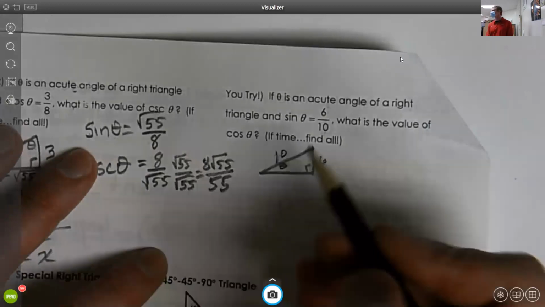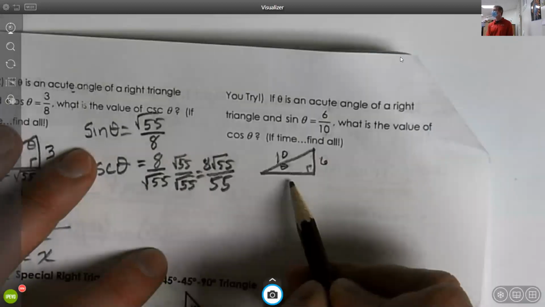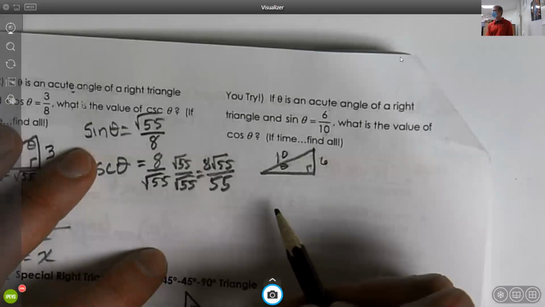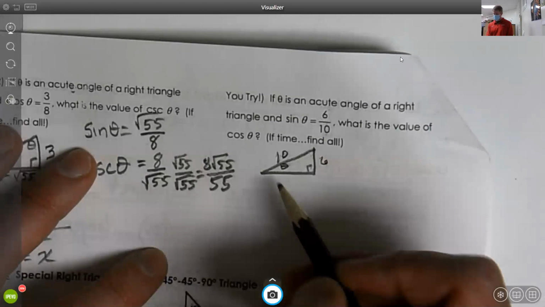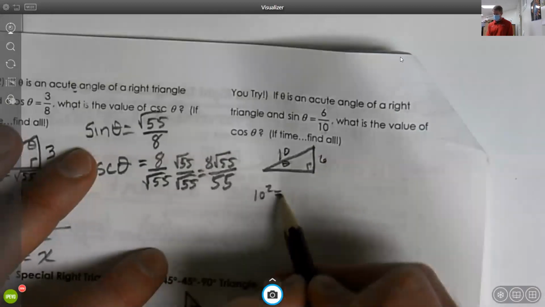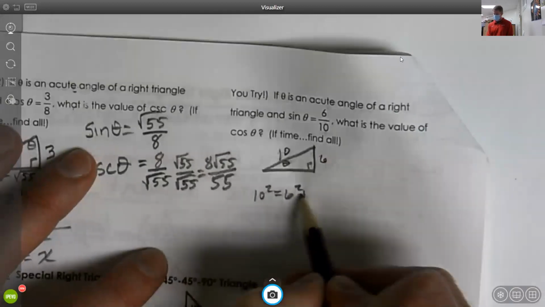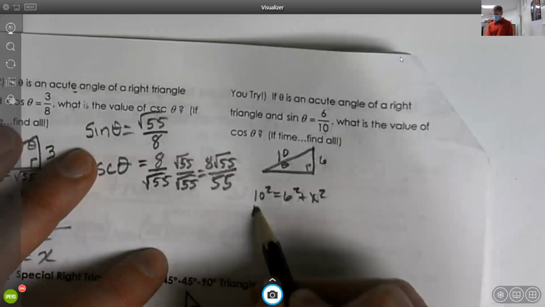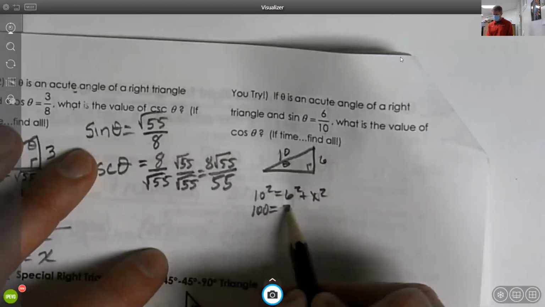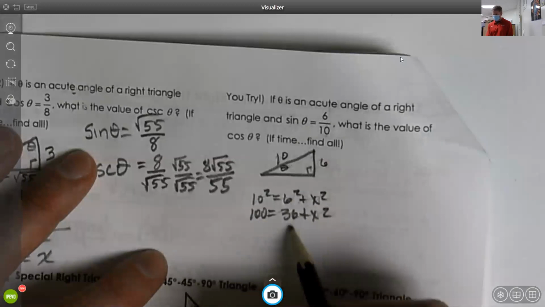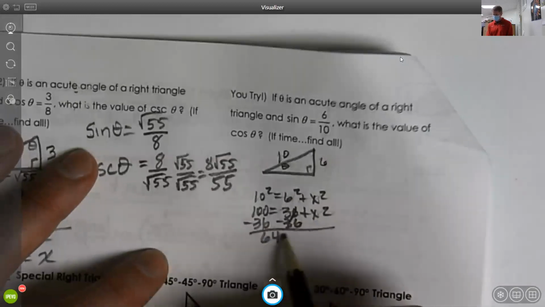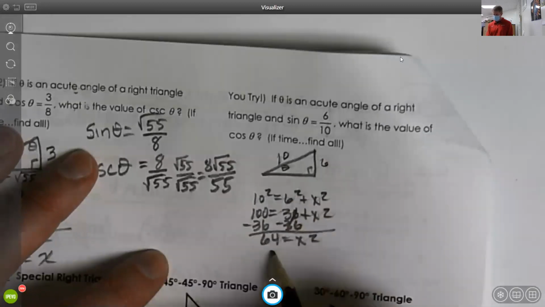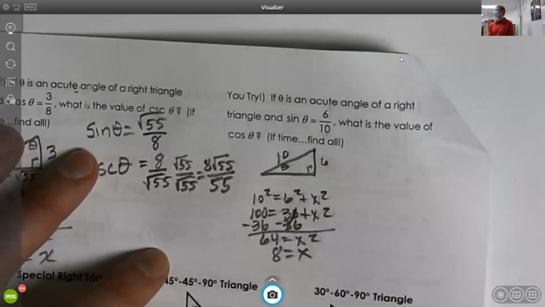All right, so I'm trying to find this missing side. If you know your Pythagorean triples, you can use that, but I assume the majority of you said 10 squared equals 6 squared plus x squared. 100 equals 36 plus x squared. Subtract your 36 to the other side. You get 64. And that comes out to be 8. So yes, that is a Pythagorean triple.